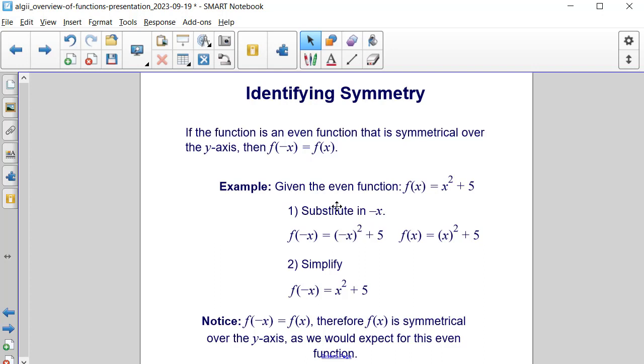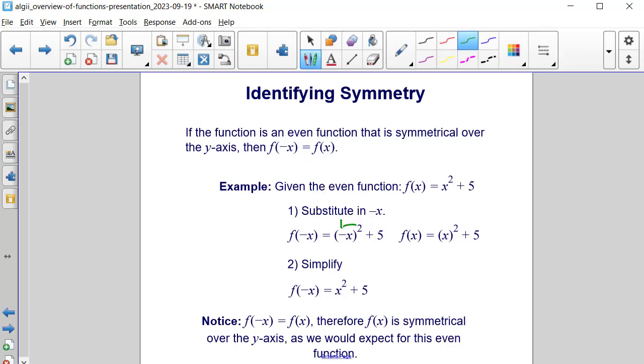And when you square both the negative 1 that's out in front and the x, you would get negative 1 squared times x squared. Well, negative 1 to the second power is positive 1. So you're just left with x squared plus 5. So therefore, f of negative x is equal to x squared plus 5, which is the same original function.